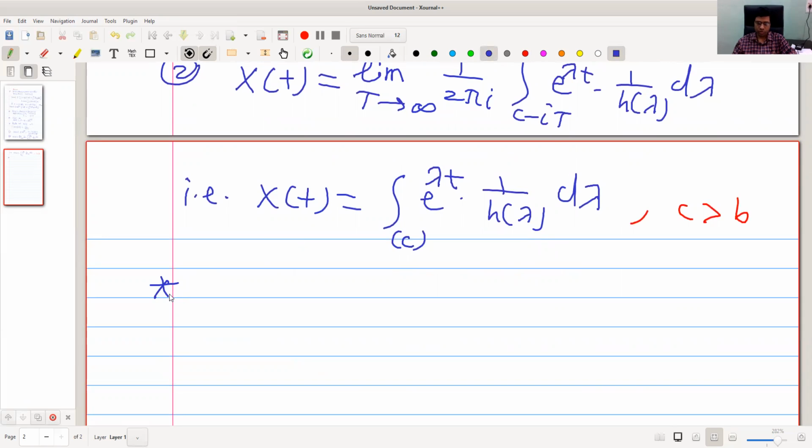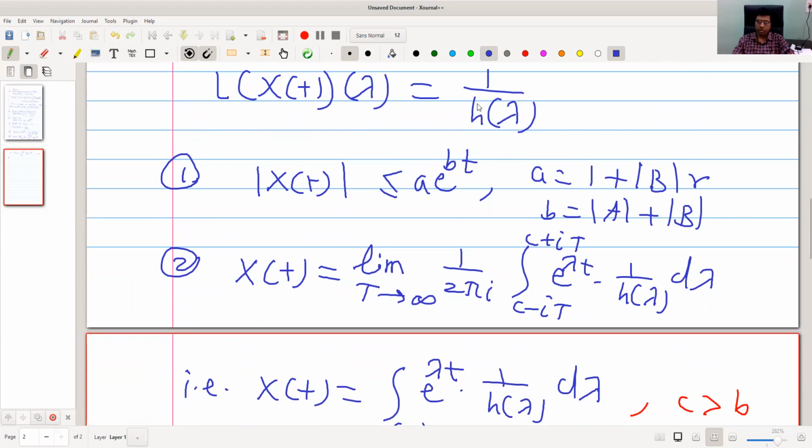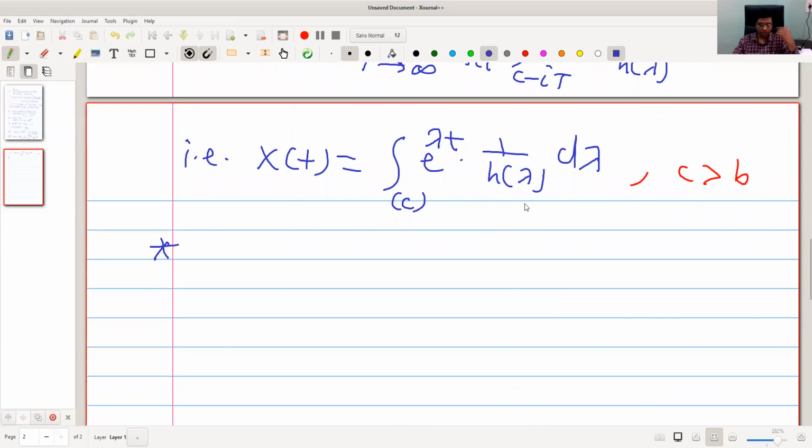Okay, so real part things are important. We have seen that there are so many roots of h of lambda, but almost all the roots are lying on the left hand side of the vertical axis. Okay, so our aim is to prove two things.